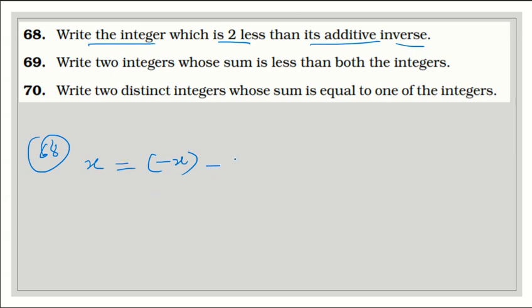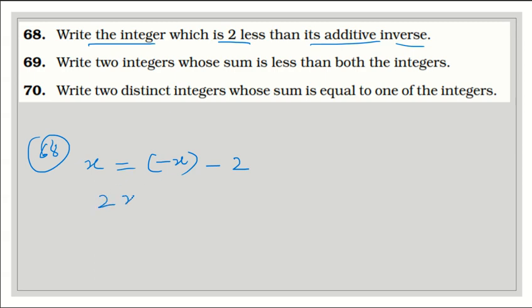Means from this, if I take out 2, I will get the integer, 2 less than the additive inverse.